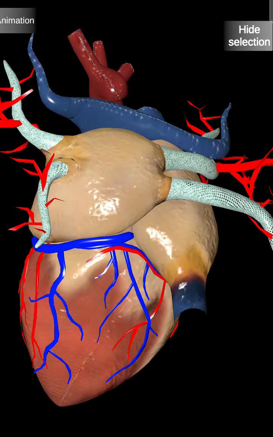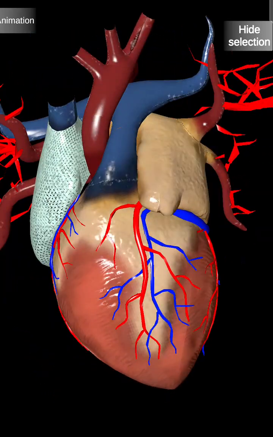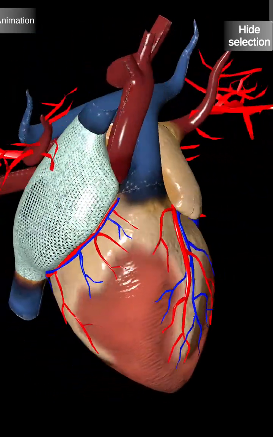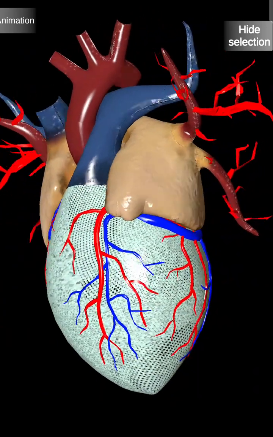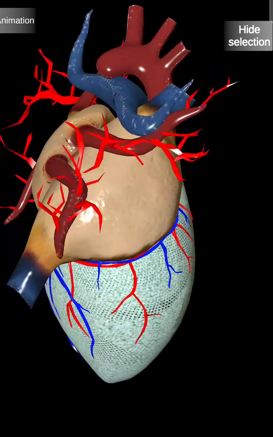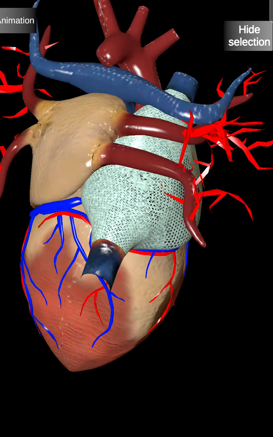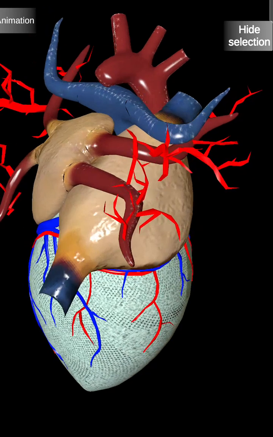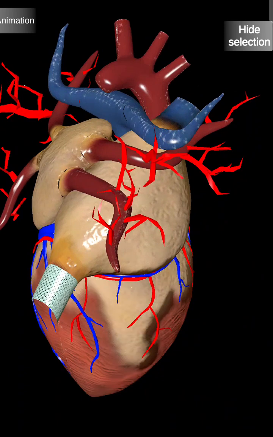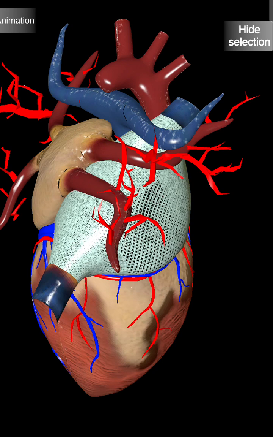So let me explain the detailed flow of blood from the body. Suppose blood is flowing from this side, coming this side of the heart. This is the inferior vena cava, which brings blood here, and usually it is deoxygenated blood, and it brings blood to the right atrium.